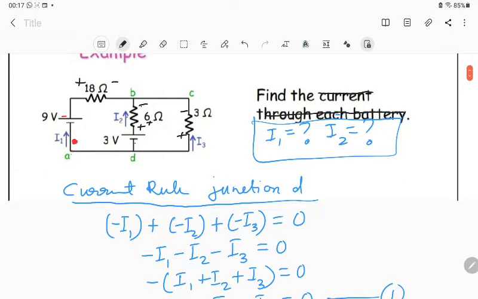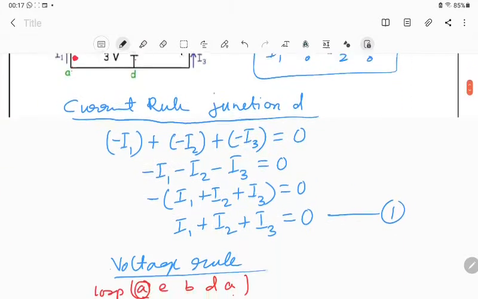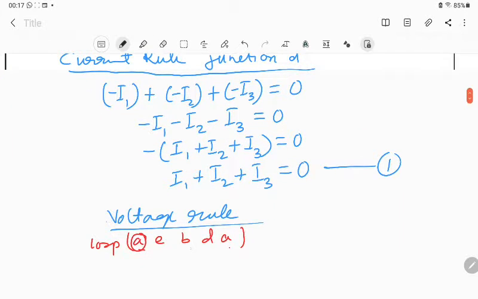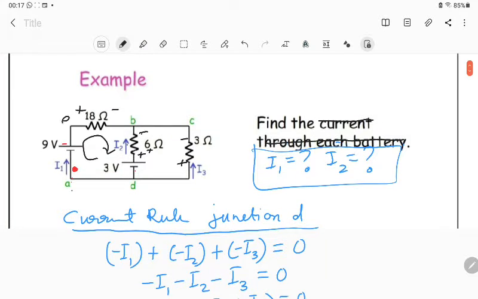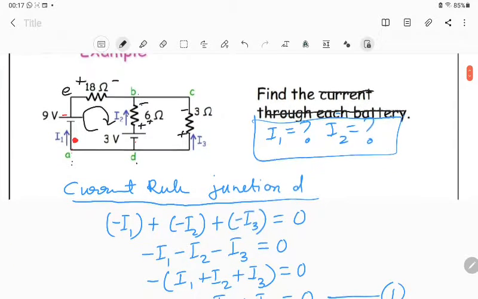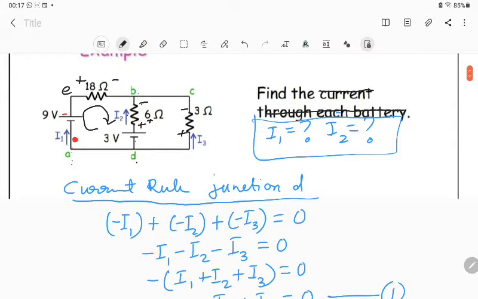Now make a loop. Choosing the loop, our loop is A E B D A. Starting from A, this side is plus, this is minus, the battery.